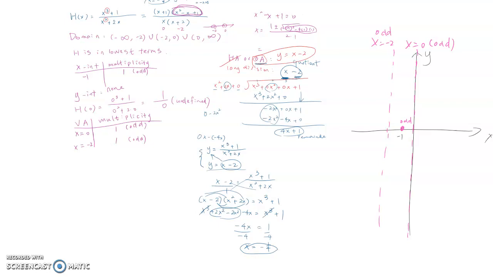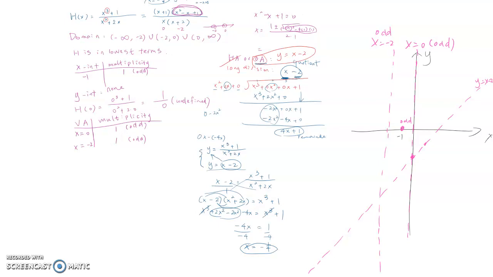Now we have an oblique asymptote, which is y equals x minus 2. So it's over here, up 1 over 1. So this is the line of y equals x minus 2. That's the oblique asymptote.